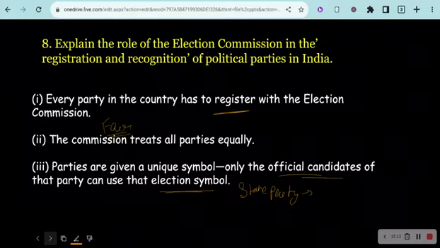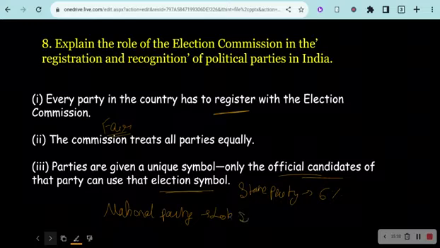A state party should get at least 6% of the total votes in an election, so that in the legislative assembly, it can win at least 2 seats, correct? And if you want to be a national party, meaning for the entire India, you should get at least 6% of the total votes in the Lok Sabha.